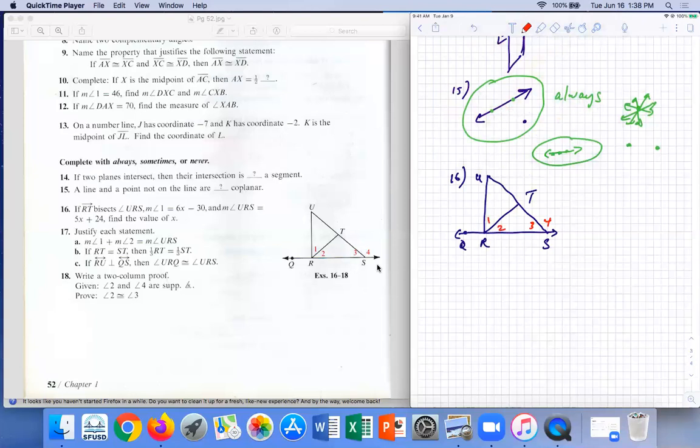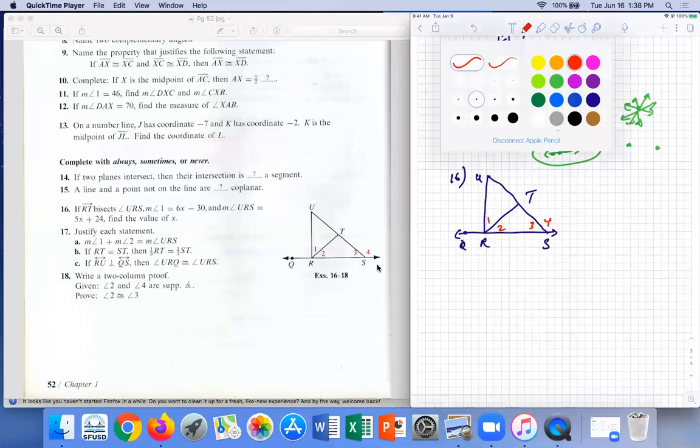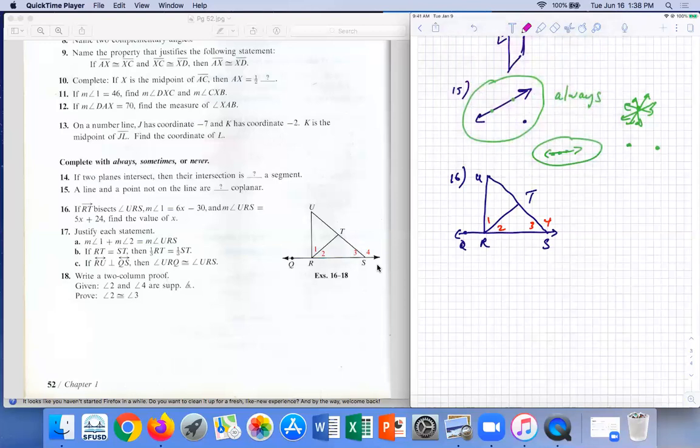Let's always mark off the information that they give you. So if it says ray RT, remember the ray starts off at R and goes through T like that. It bisects angle URS, which is this angle right here. That means if it bisects, it cuts URS into 2 equal parts. So these two are congruent, right?